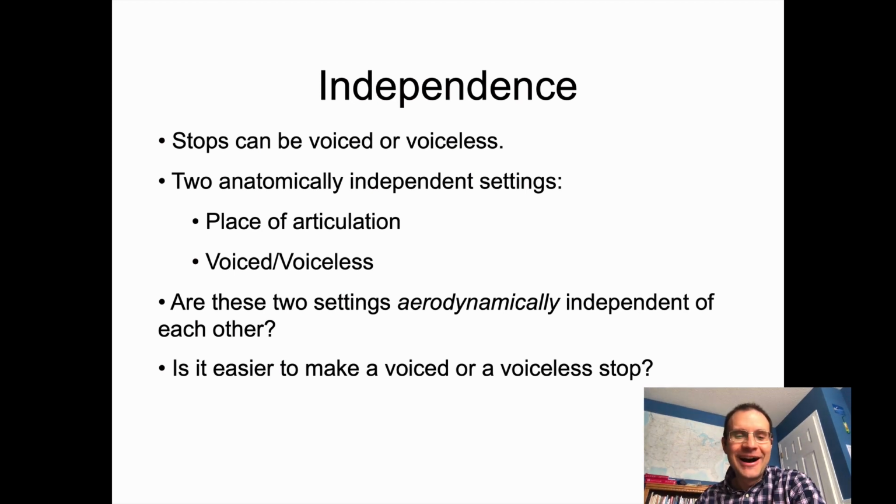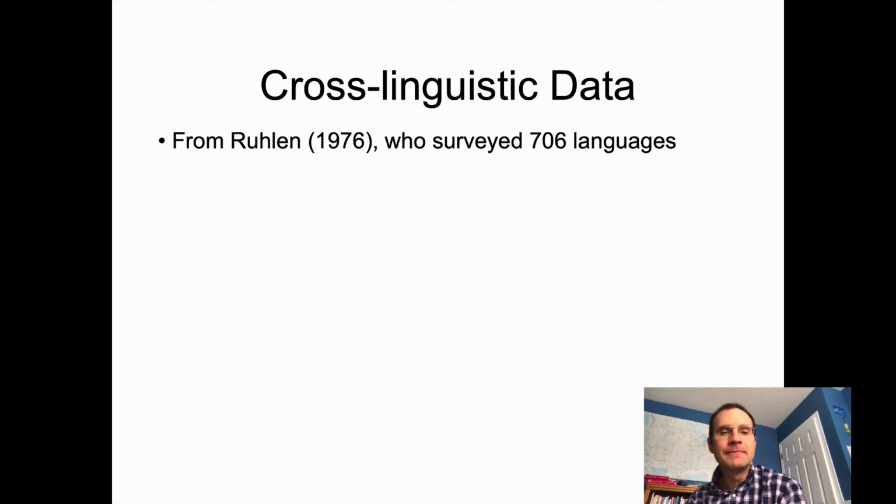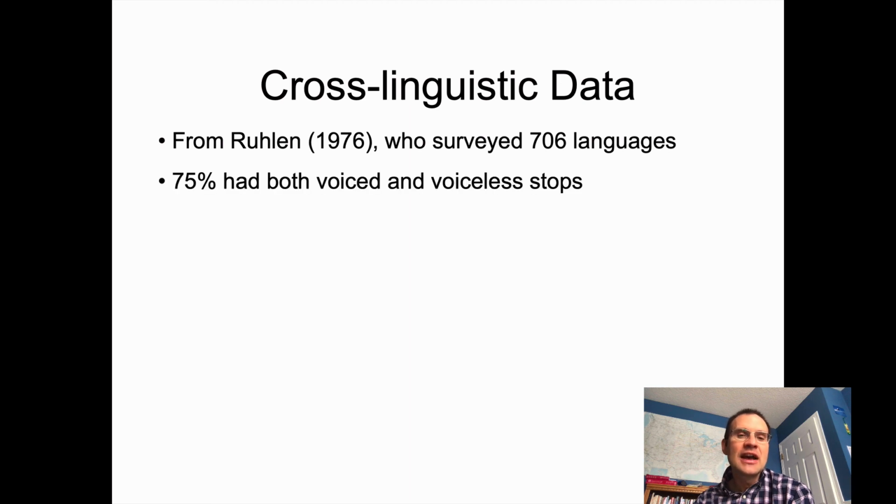Good stuff. What do you think? What's the answer to this question? Well, I can give you some data. This is another old cross-linguistic survey from a linguist named Merritt Ruhlen, who surveyed 706 different languages back in the mid-70s, looking at what sort of stop inventories they had. He found that 75% of the languages he looked at had both voiced and voiceless stops.